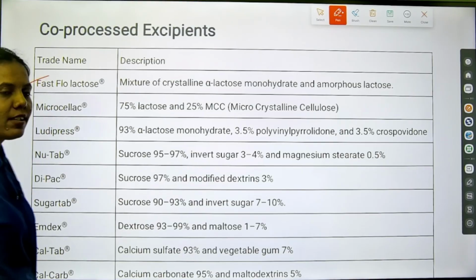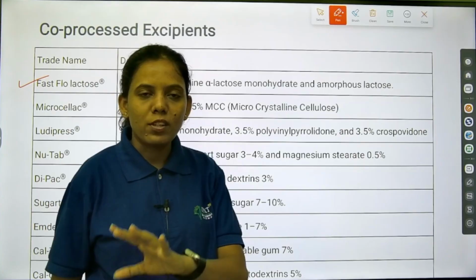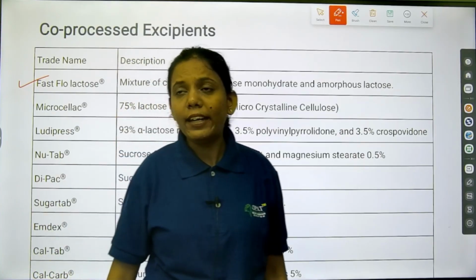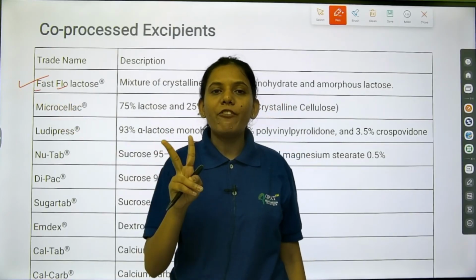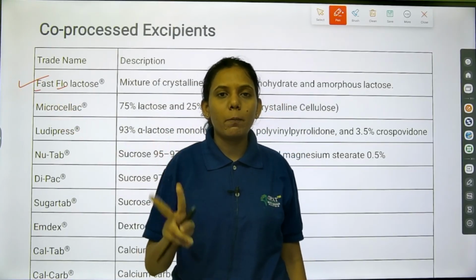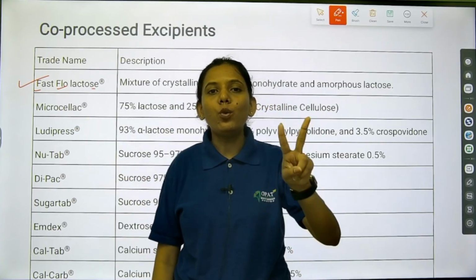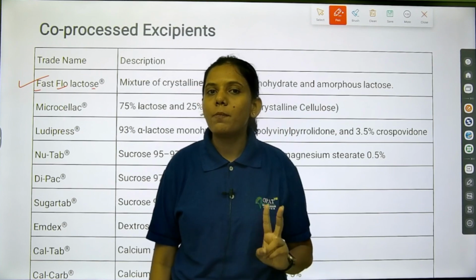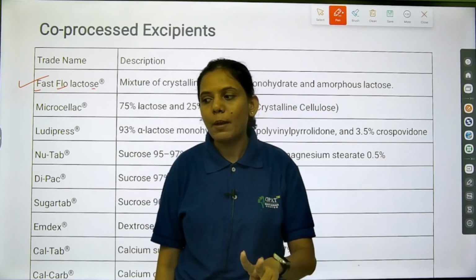The very first is Fast Flo lactose. At least from the name you can identify that lactose is present, right? Two F's are present, and lactose. Remember that 2 types of lactose are present: one is crystalline and one is amorphous.